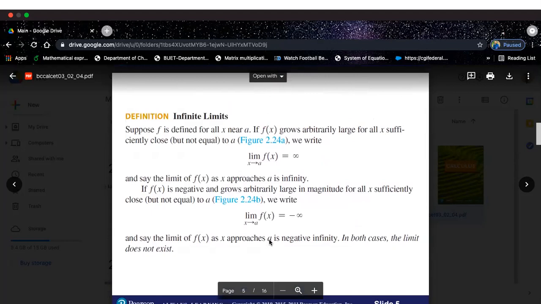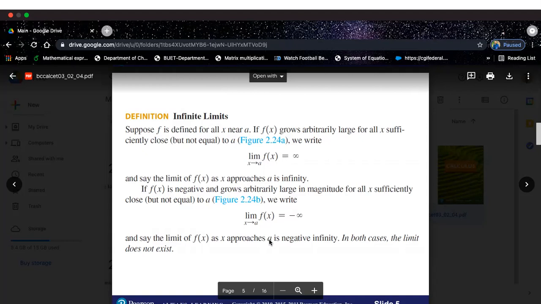It says if our function grows arbitrarily large, if it keeps increasing indefinitely, that means there is no real stopping of that when x is approaching a particular value, say a, then we say that the limit of that function is infinity.